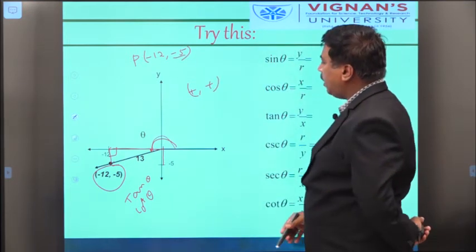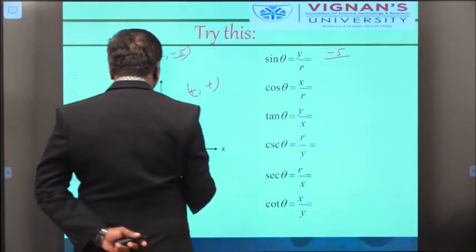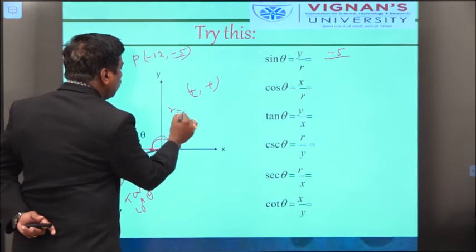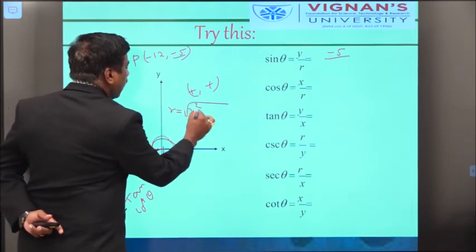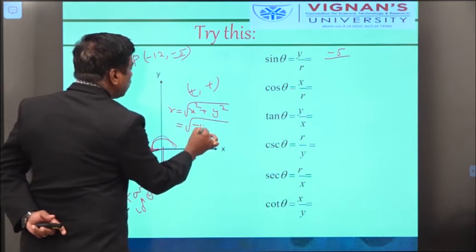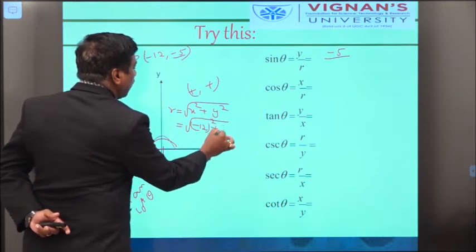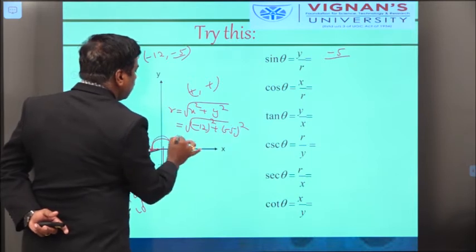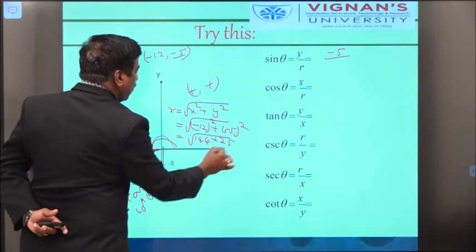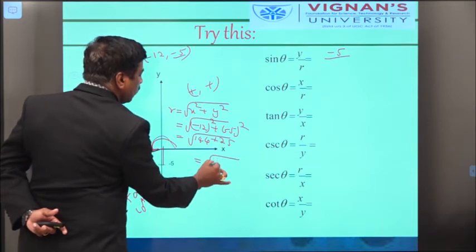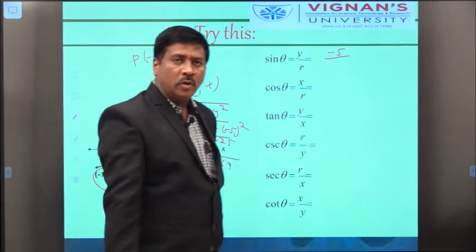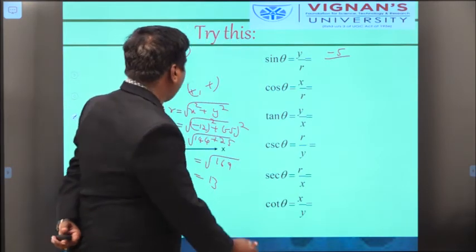For r, the hypotenuse is 13, because r equals the square root of x squared plus y squared, which is the square root of (-12) squared plus (-5) squared, equals the square root of 144 plus 25, equals the square root of 169, which equals 13. So the hypotenuse value is 13.